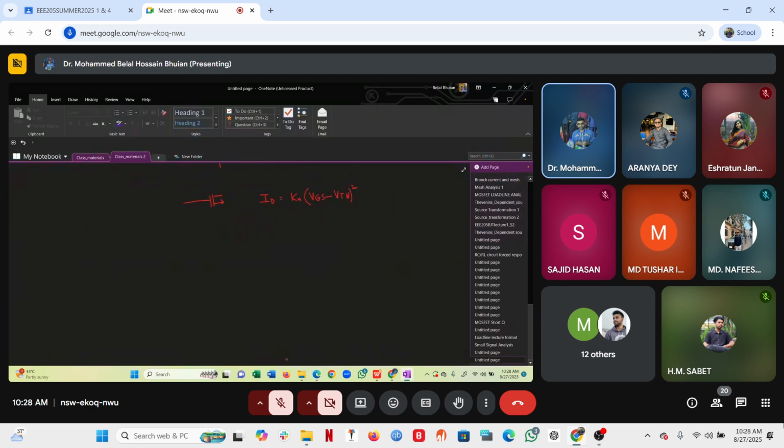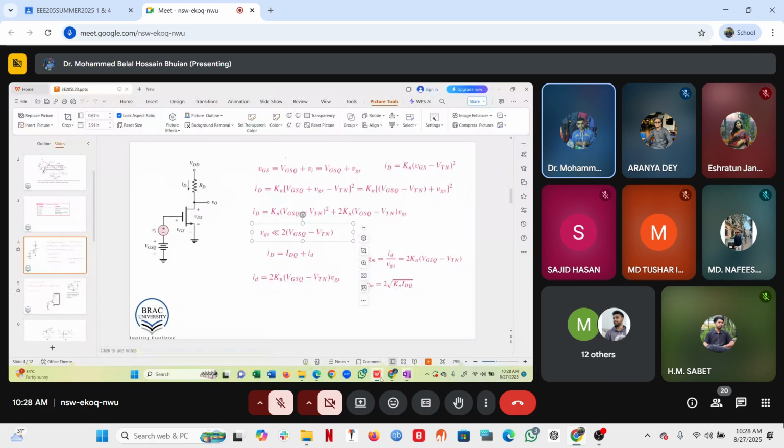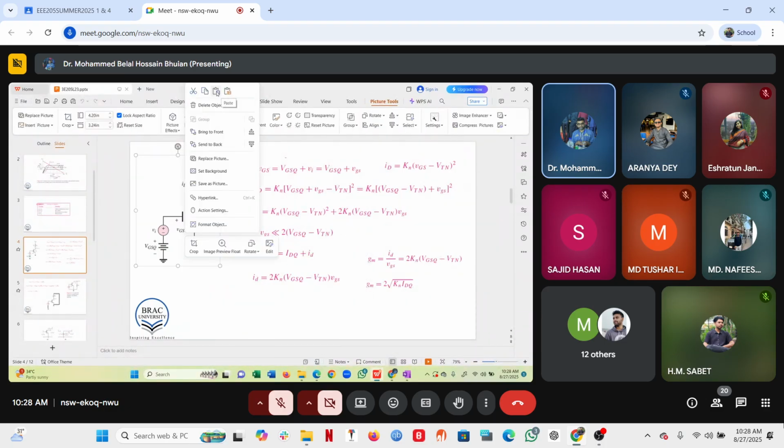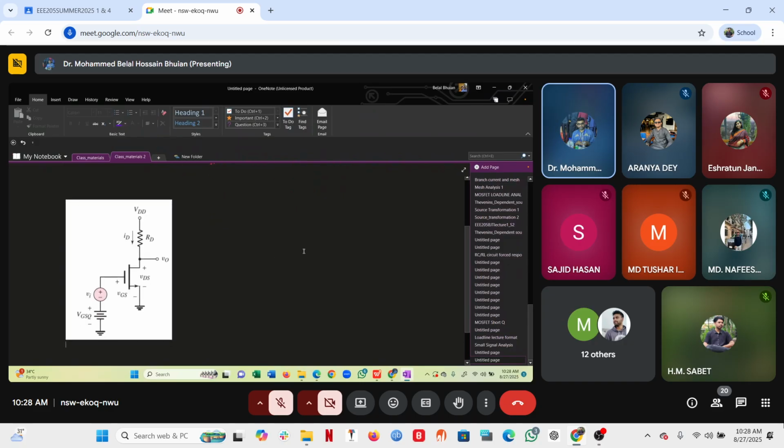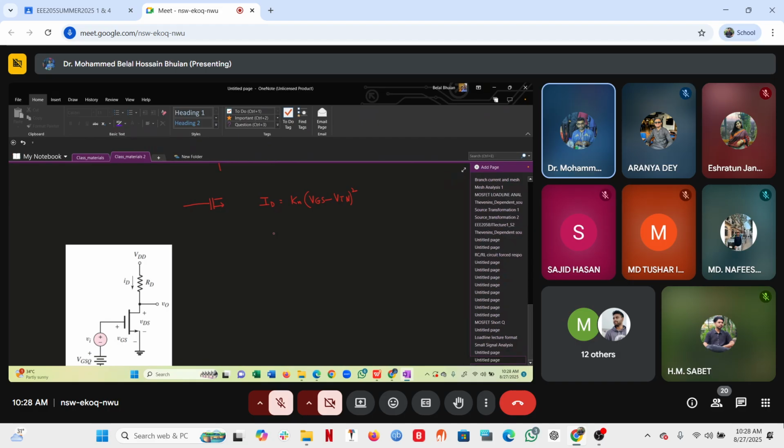Now, if this is our circuit, what is the instantaneous drain current? The instantaneous drain current ID would be Kn times (instantaneous gate to source voltage minus VTN) whole square.